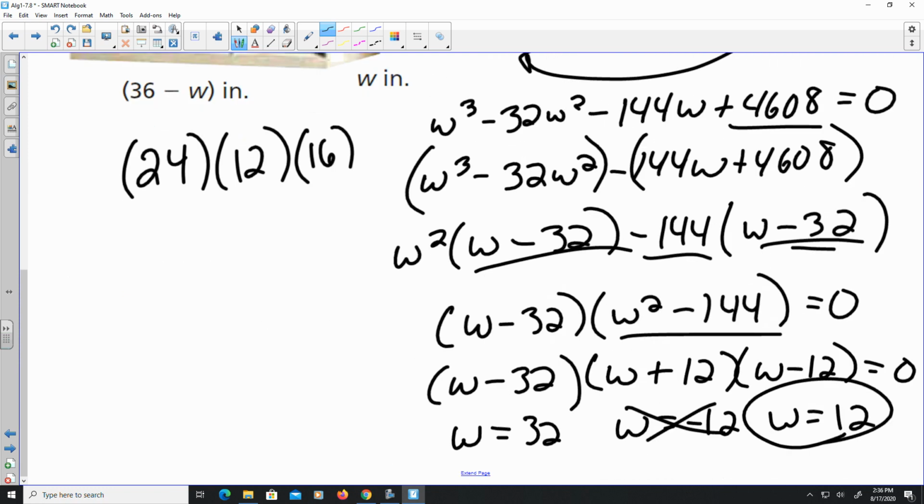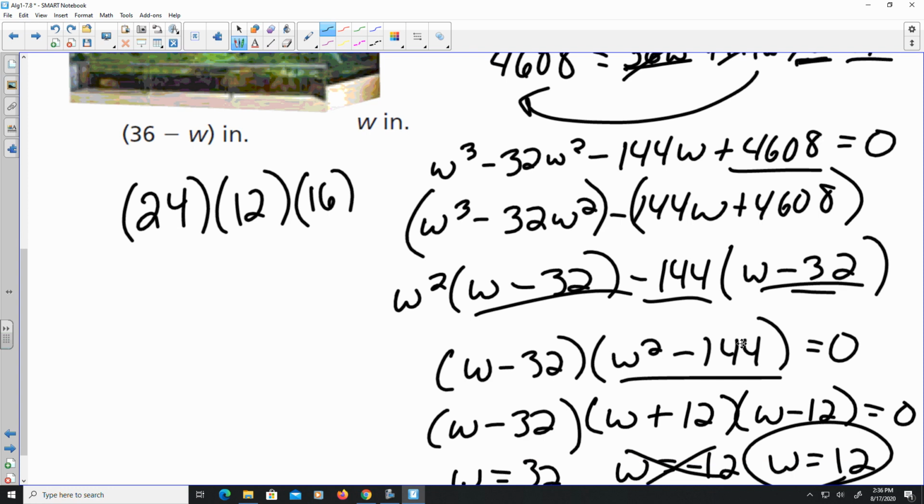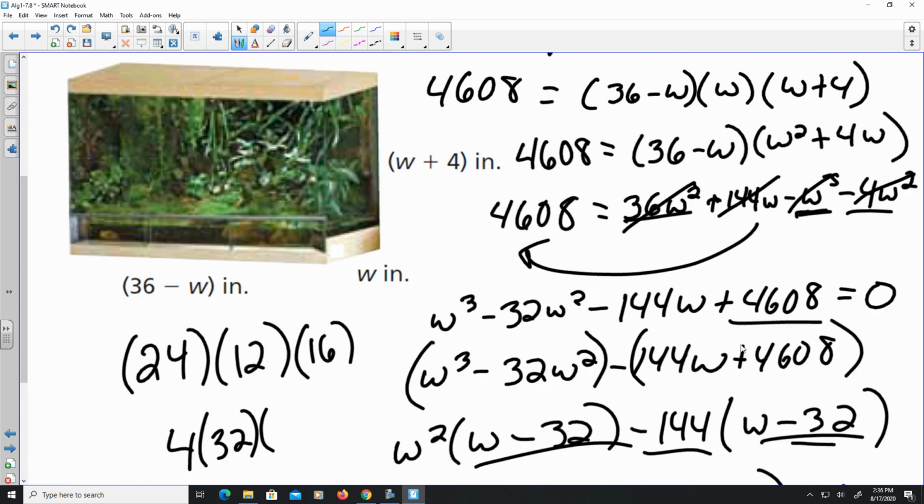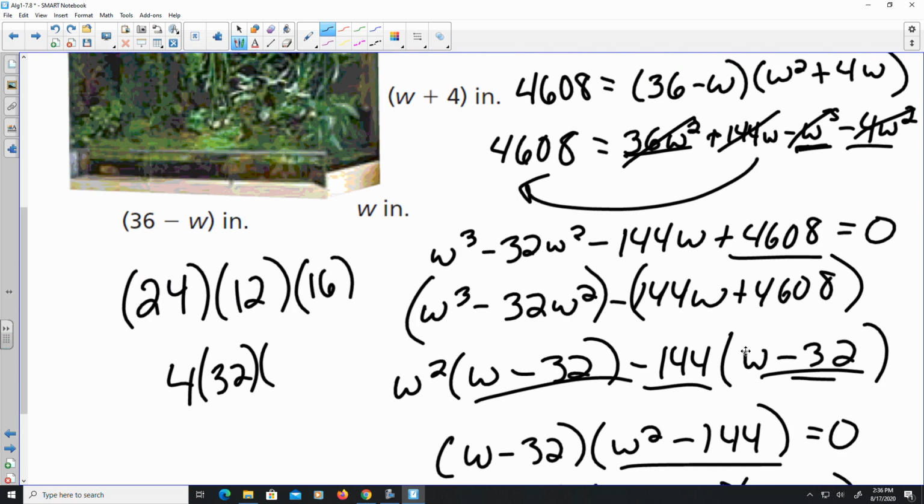So circle that. Let's try 32. If I went 36 minus 32, I get 4. And 32. And 32 plus 4 is 36. 36 times 32 times 4.